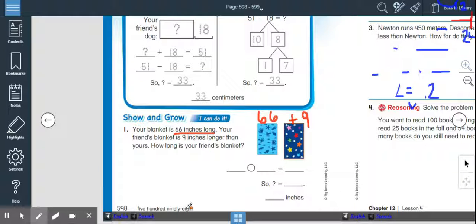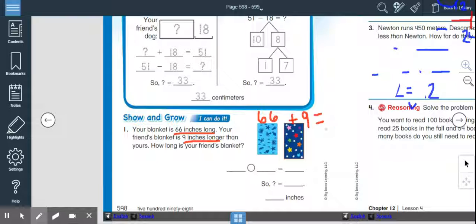Well, boys and girls, you can solve this 2 different ways, and really you can solve this a couple more than that. You could solve this using addition or subtraction. I know we've been working on subtraction with these problems, so I'm going to show you both ways today. Here's our word problem at the top. 66 plus 9 equals. Well, we can count in our head.